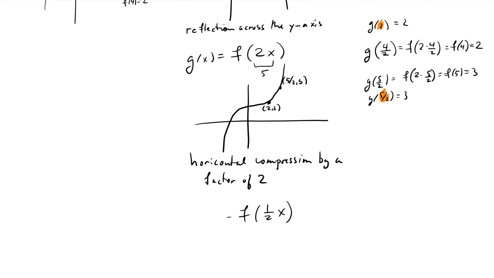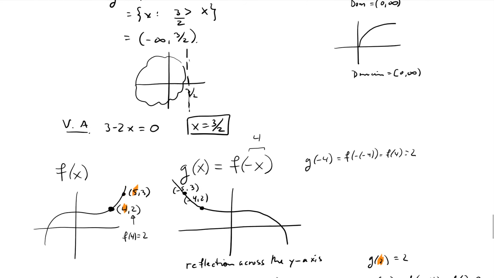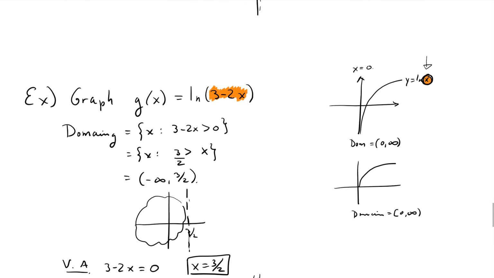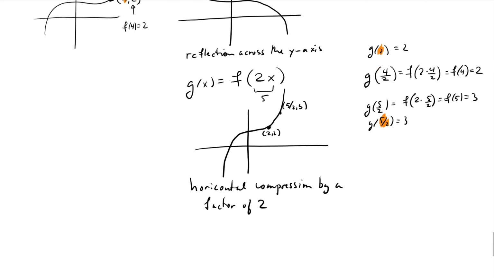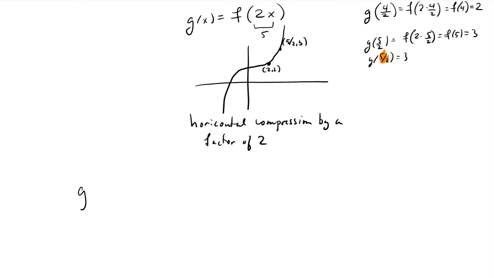Okay, so we're ready to look at our example. So it's ln of 3 minus 2x. Let's go back to that. So the idea is that I want to relate g to the toolkit function ln of x. And how do I want to relate it?